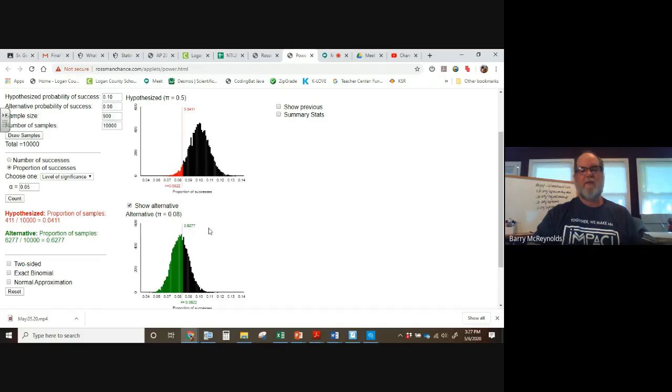To increase the power of our test, we have to increase the sample size. And so what this is telling us is in about 63% of the cases, we would correctly reject the null hypothesis when it is in fact false, and the true value is 0.08.